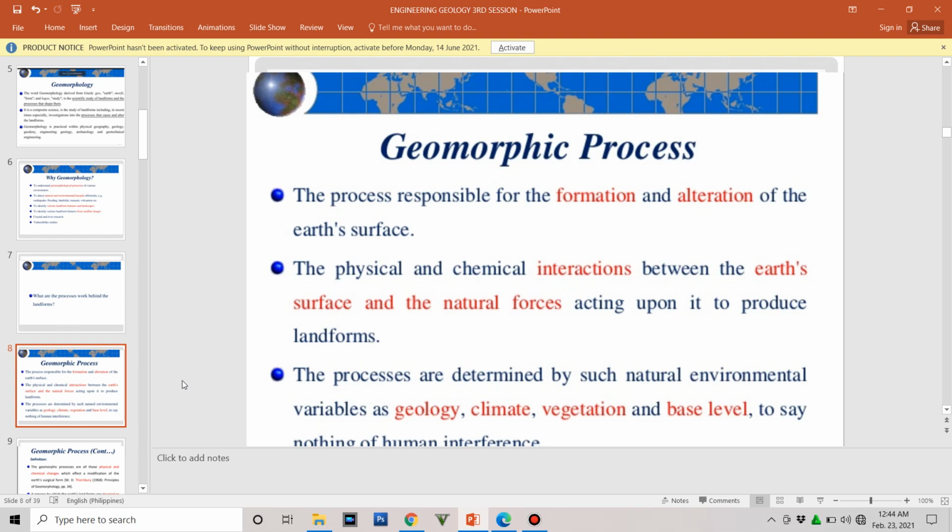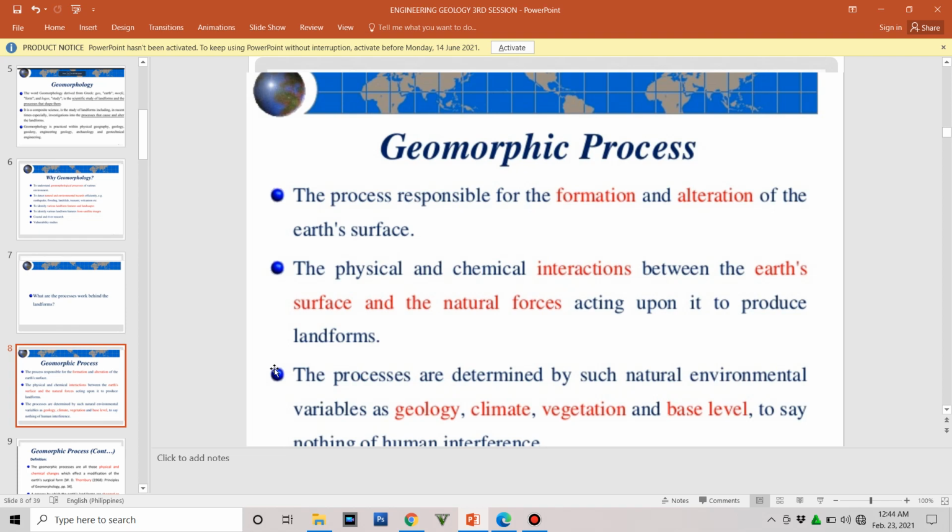So we will disregard the human interference because as humans, sometimes geomorphic processes are accelerated because of alterations. Of course, we have the equipment, we have the tools, and we have the capability to do it, but the geomorphic process is all about the natural.